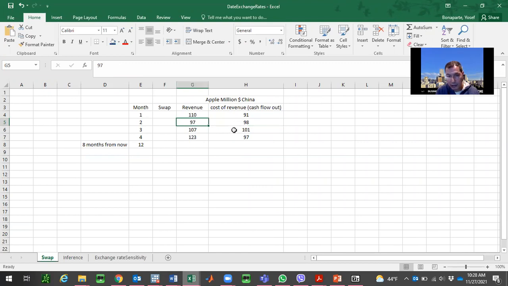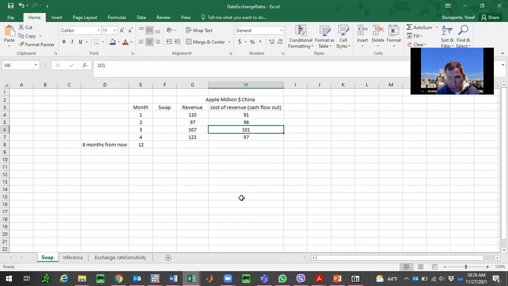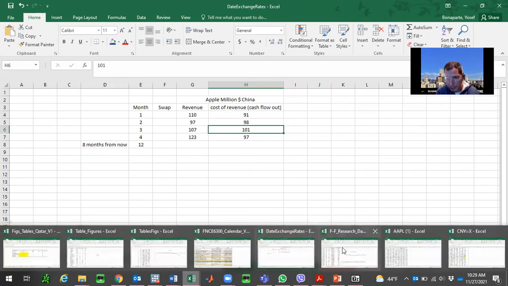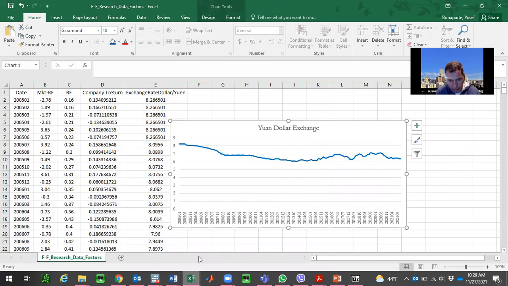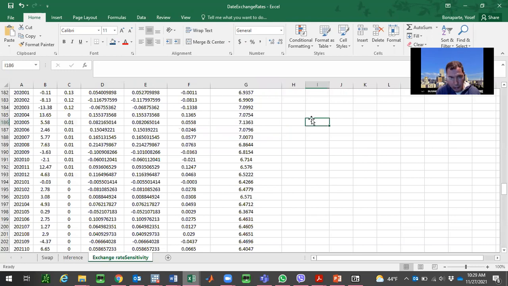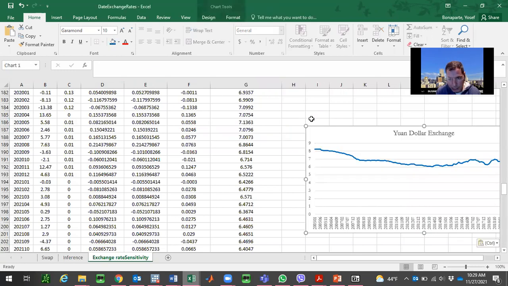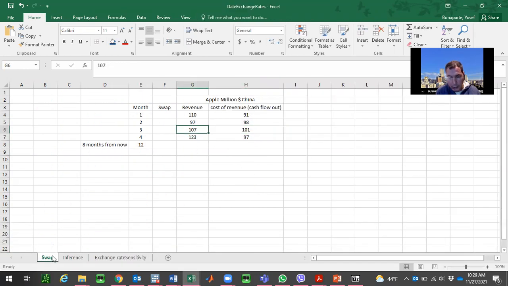The revenue is 97. In March, 107, 101, 97, 193.